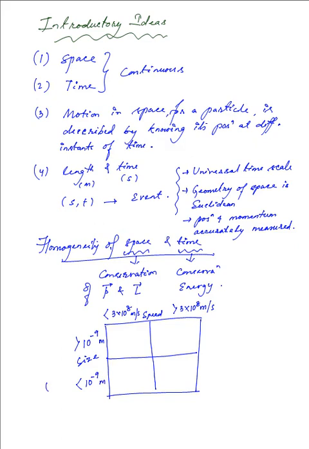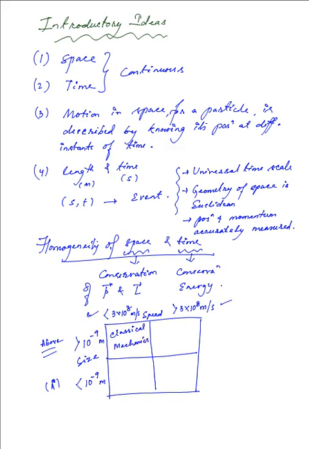As an example, I can set here the angstrom scale, and these are the scales which are above. And here obviously we are dealing with the non-relativistic cases on the left hand side and the relativistic cases on the right hand side. As far as the non-relativistic as well as the macroscopic objects are concerned, all of that will be covered in classical mechanics.